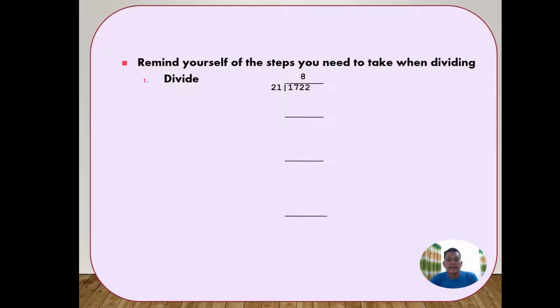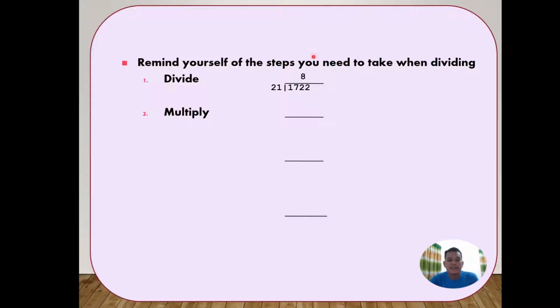So let us divide. 1,722 divided by 21, we will take the first 3 digits, 1, 7, and 2, or 172 divided by 21 equals 8. Then the next step is multiply. What are we going to multiply?